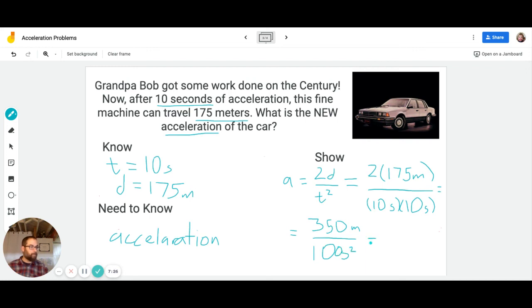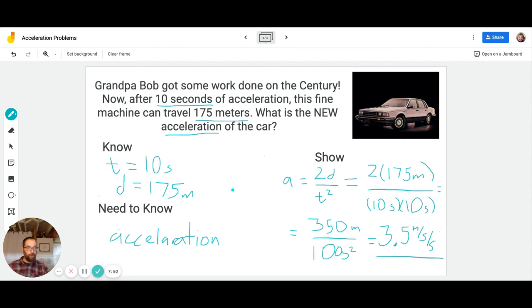And then it's a simple division. 350 meters divided by 100 seconds is 3.5. Now, this problem tells us that the unit is 3.5 meters per second squared, but that means the same thing as 3.5 meters per second per second. So when I write my answer, I can write my unit for acceleration like that.